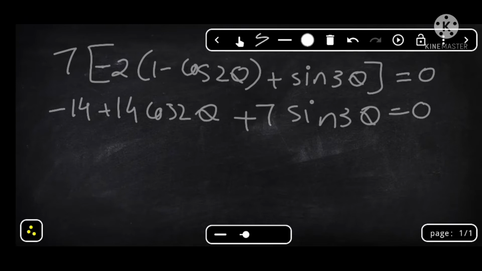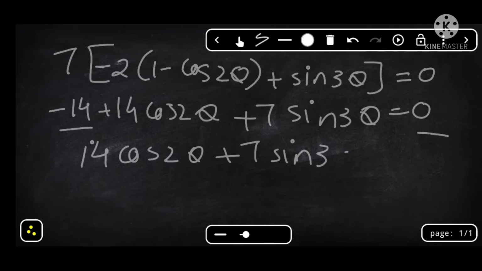Now if we take minus 14 to the side, it is going to be 14 cos 2 theta plus 7 sine 3 theta equal to 14.